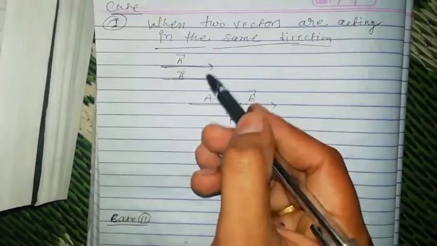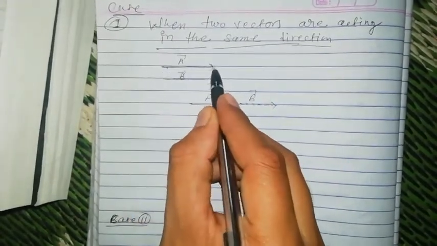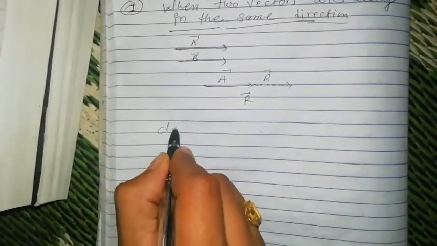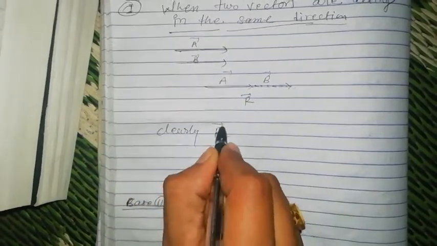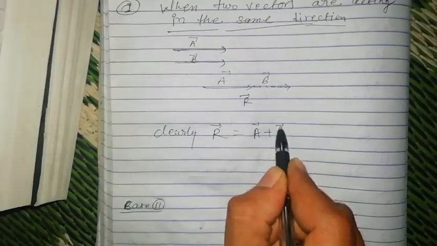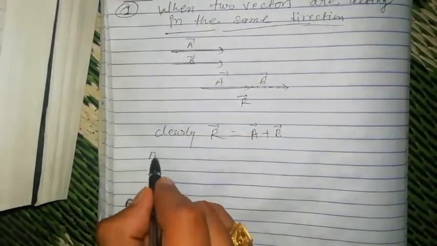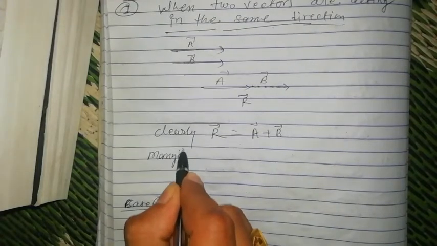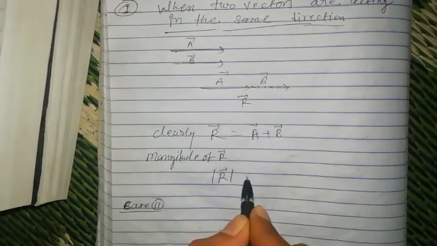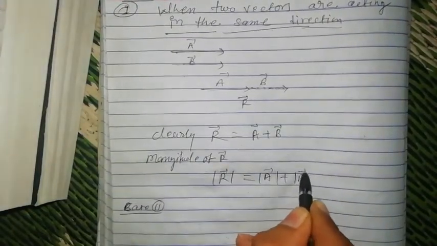Then the addition of both vectors we can write vector A plus vector B. Then in this condition clearly the resultant vector R is equal to vector A plus vector B. The magnitude of vector R is given by mod of vector R equal to mod of vector A plus mod of vector B.